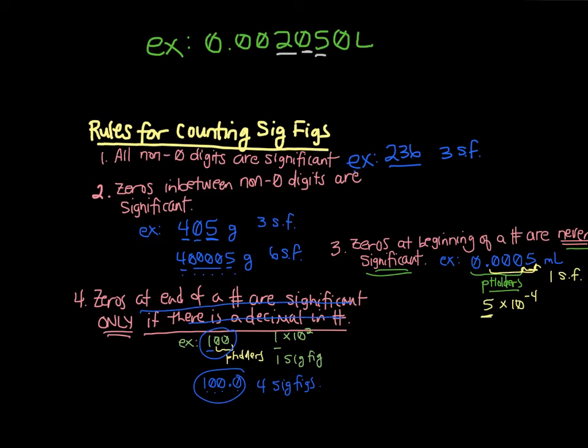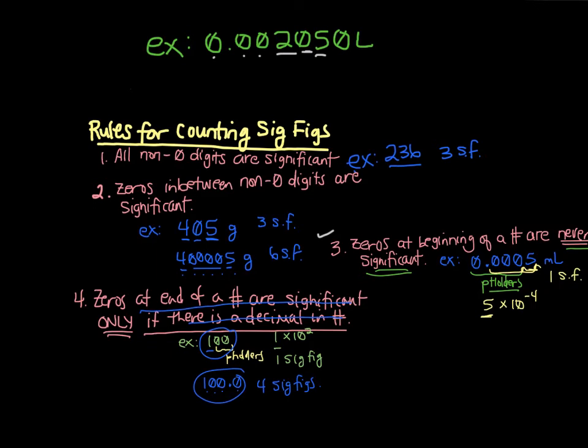Rule number 3, which is right here, says that zeros at the beginning of a number are never significant. So that means that this 0 and this 0 are just placeholders. They're not considered significant digits. And if I were to put that number into scientific notation, those 3 zeros would fall away, which means they're just placeholders. And then the last rule says that zeros at the end are significant only if there's a decimal in the number.